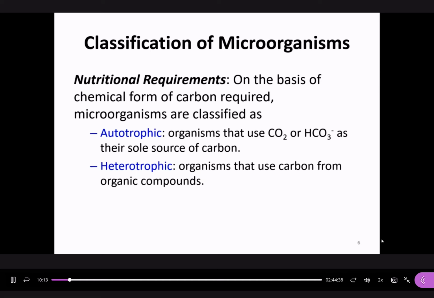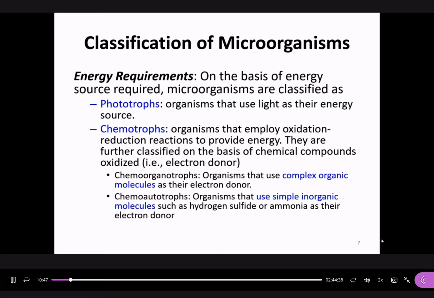In our wastewater, we're utilizing heterotrophic microorganisms. So what are the organics? COD, BOD. Basically, wastewater organics are the food of these microorganisms. They're the carbon source. As for the energy requirement, it could come from light, that is phototrophs, or from chemicals, chemotrophs.